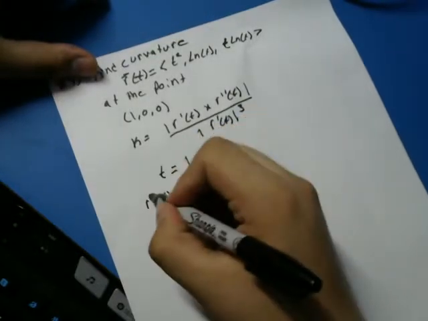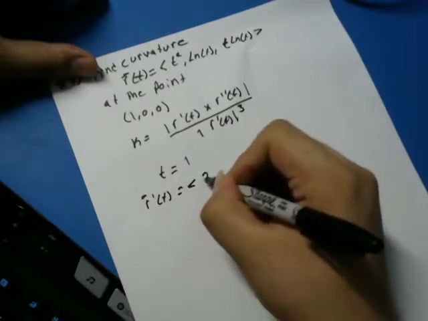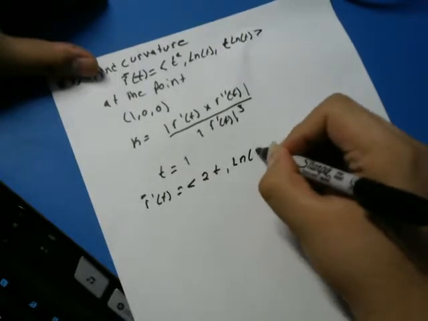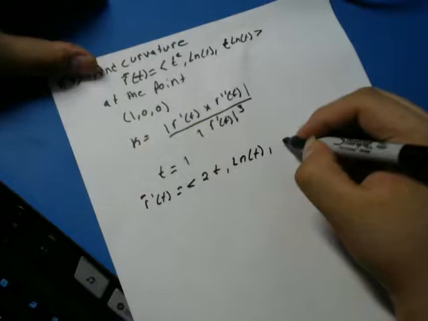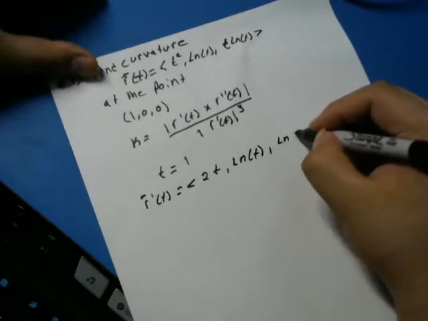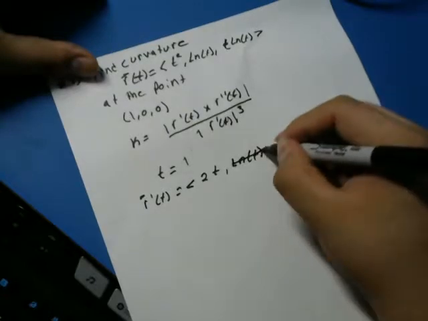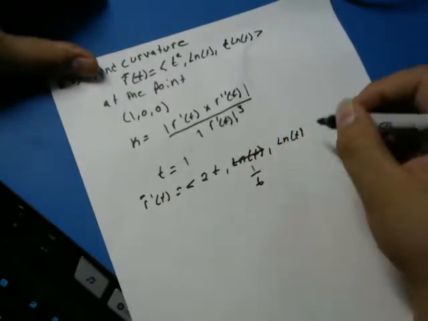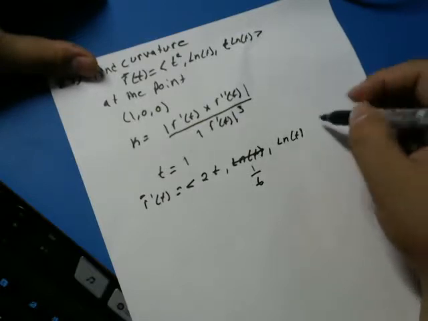So our first task is to find r prime of t. So we just take the derivative of that. Pretty simple. It's just going to be 2t, ln of t, and then t ln of t is just a simple product rule. Oops, sorry, I just rewrote that. That should be 1 over t. Sorry about that. And then this ln of t is just product rule.